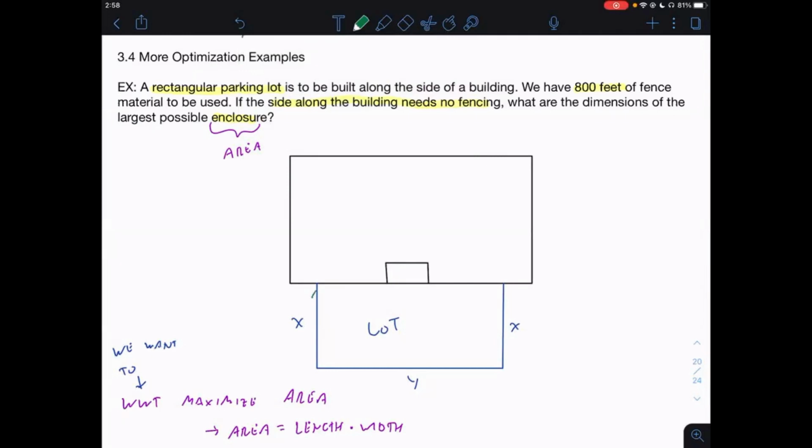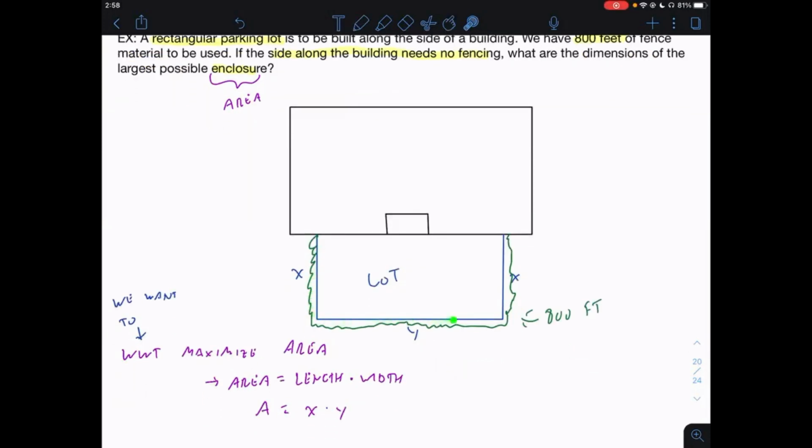Let's see, how can I draw this? If to surround this fence here, we have 800 feet available to create the fencing around this parking lot. 800 feet to surround this rectangle. What do we call this distance that is surrounding the outside, the line segment of a rectangle?